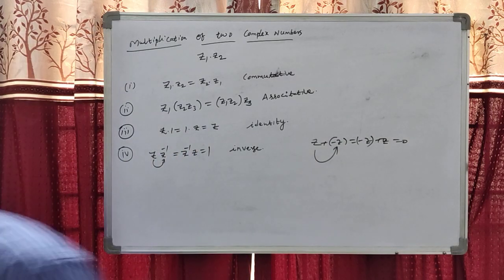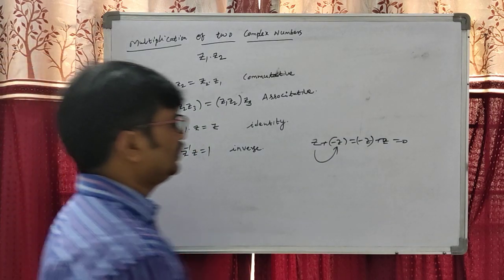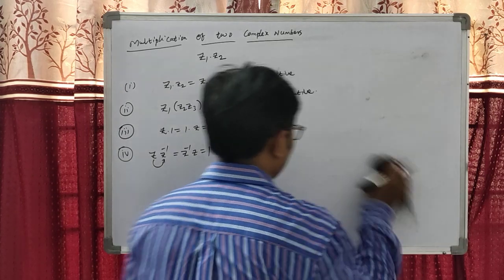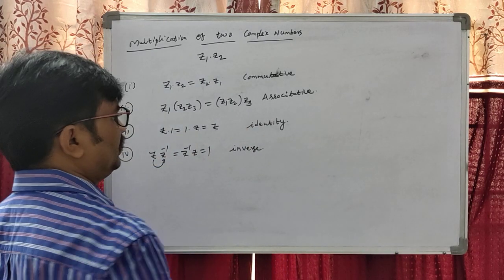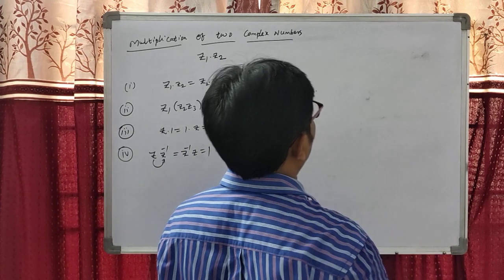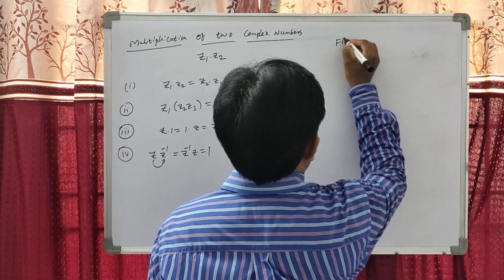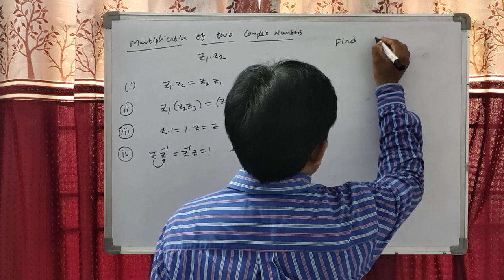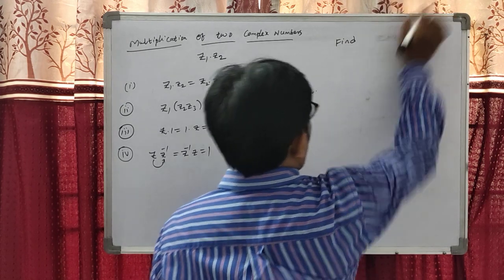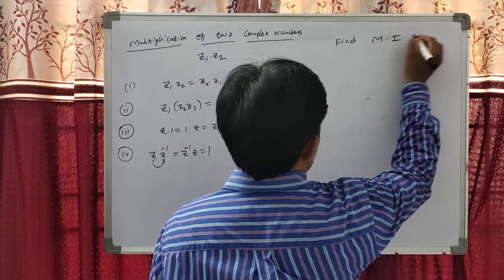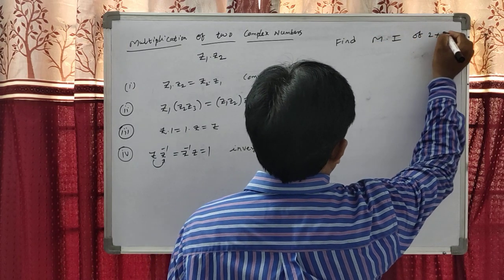I will take one example, students. Find the multiplicative inverse of 2 plus 3i.